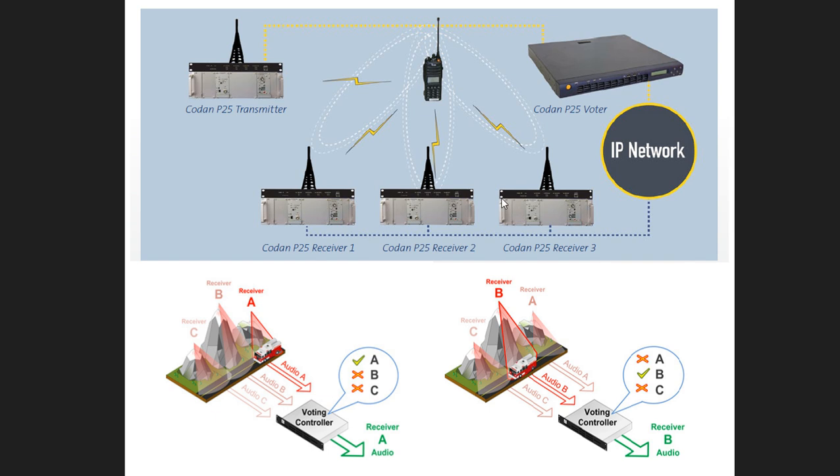Each individual receiver is receiving the same transmission, and each one is making the best reception that it can from its location, obviously. Each one will have either a good signal or a weak signal, but the ones that have weaker signals will actually have errors in their signals, and those errors are recorded.